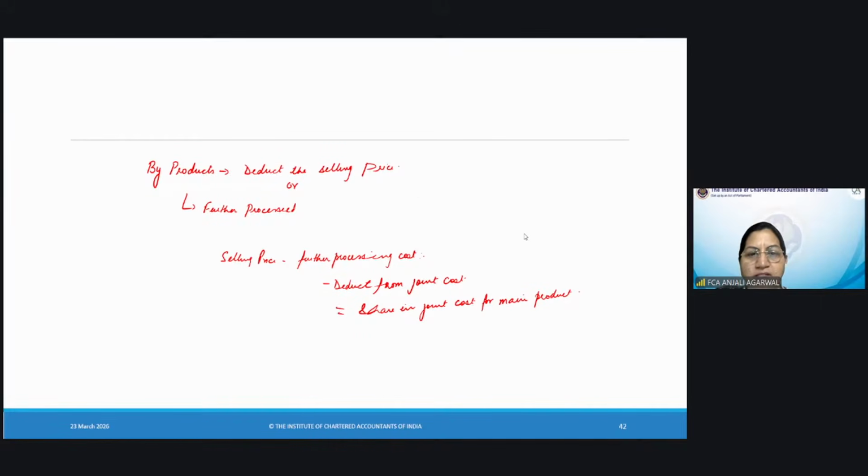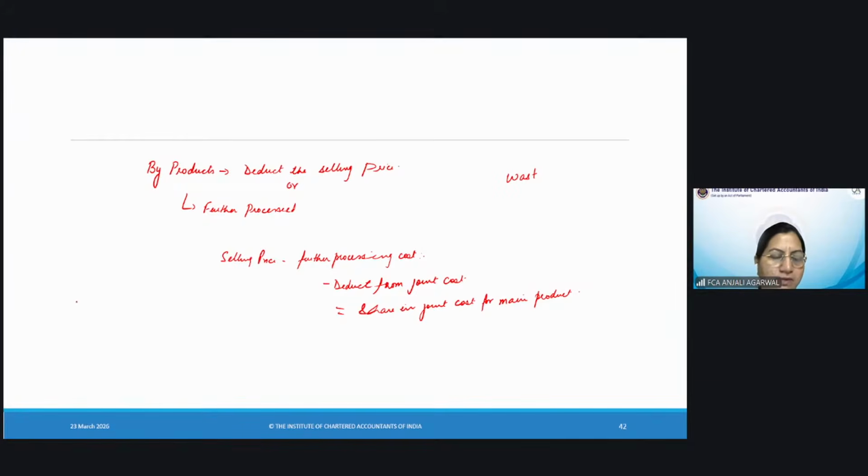There is a question from the chat window. If wastage units are there, then it will be considered as normal or abnormal. So wastage units are there. If it is a question of joint products, wastage units will also be apportioned amongst the joint products in that ratio only in which the final outcome of joint products is there, right?